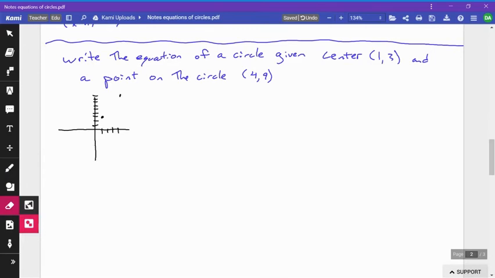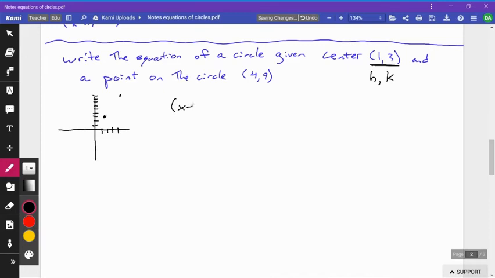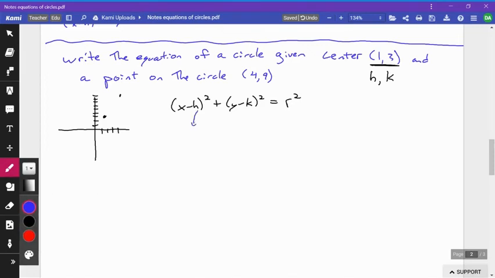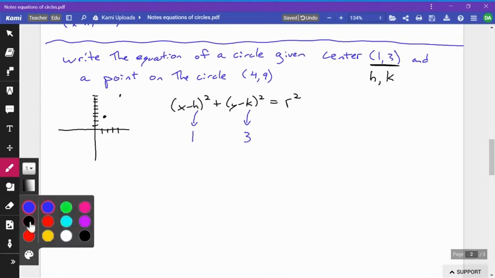So I know that if this is the center, that is going to be h and k. So I'm plugging everything into this equation: x minus h squared plus y minus k squared is going to equal r squared. Well, right now, I know that h is going to be 1 and k is going to be 3.